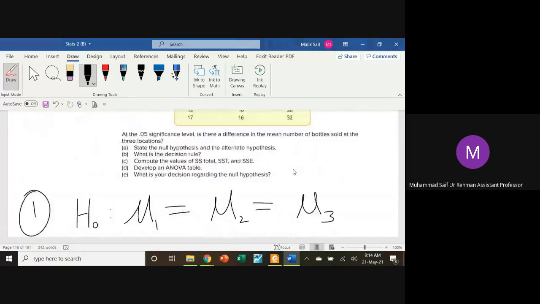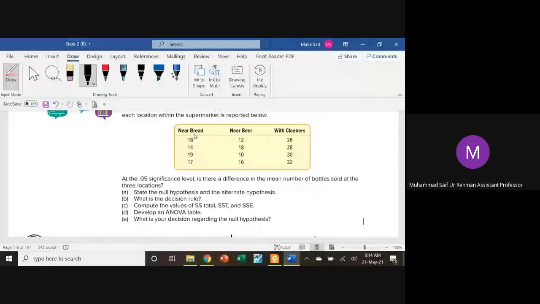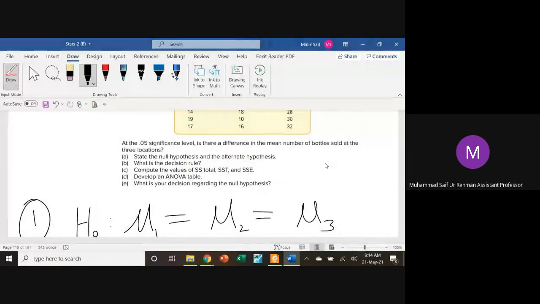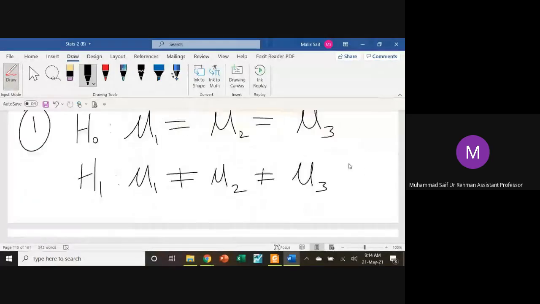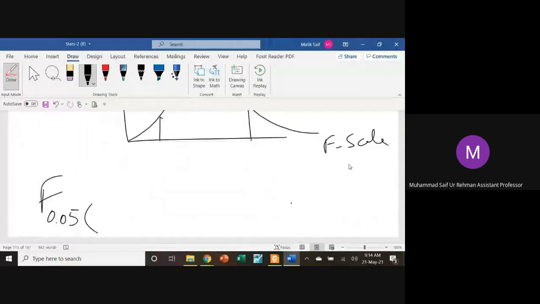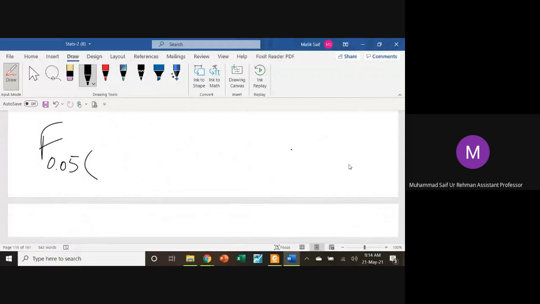I am calling these treatments: one treatment, second treatment, third treatment. So there are three treatments. Treatments may be denoted by K. So there are K treatments, let's say.